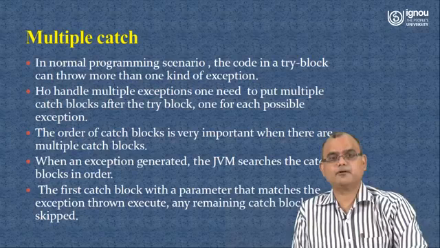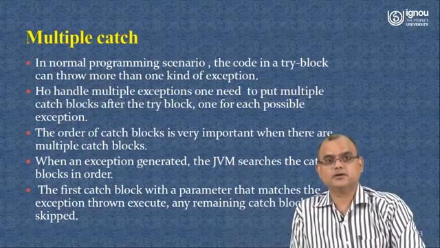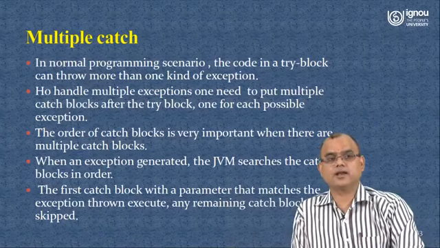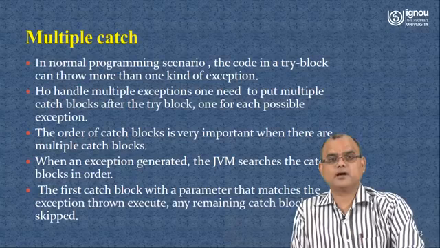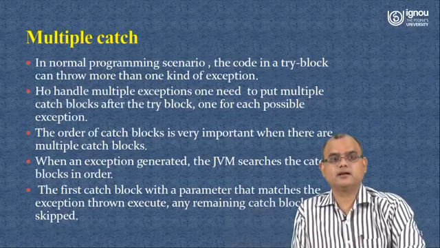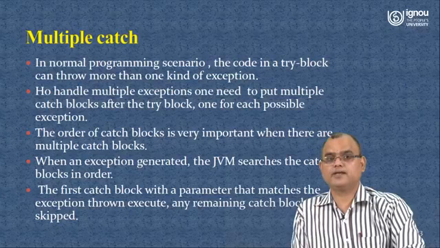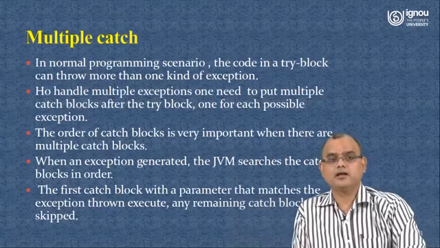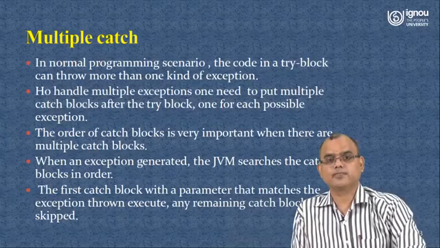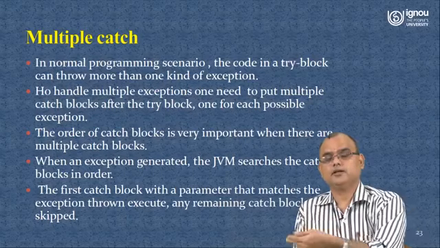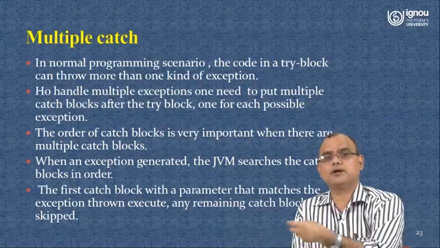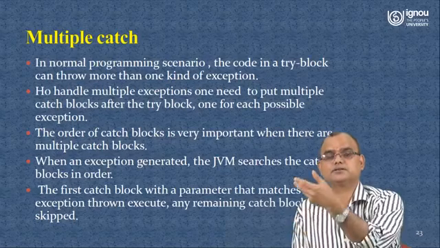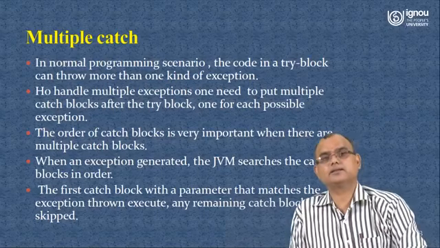As I discussed about multiple catch scenarios, you can have multiple try catch blocks. When there are multiple catch blocks, the ordering is very important and should be clearly taken care of. When an exception is generated, the JVM searches the catch blocks in order, and that order is from the bottom level, or lower level in the hierarchy of the exception classes, to the higher level in the hierarchy.